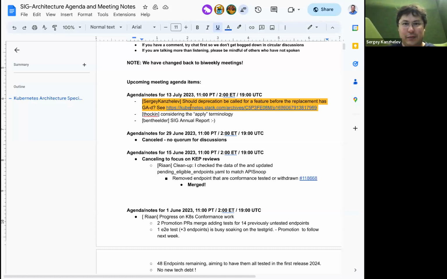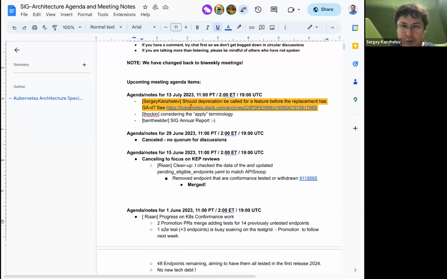We will start the actual timer when the replacement feature is GA. So that's kind of a middle approach that notifies people early that migration may be due, but at the same time doesn't force them to migrate on a timeline that is maybe too aggressive.